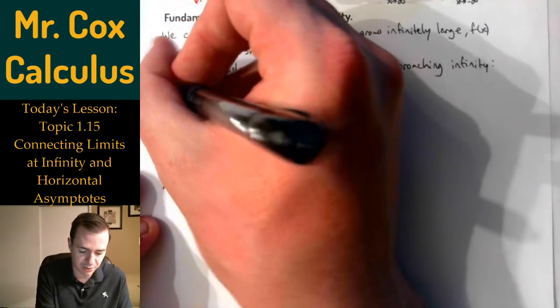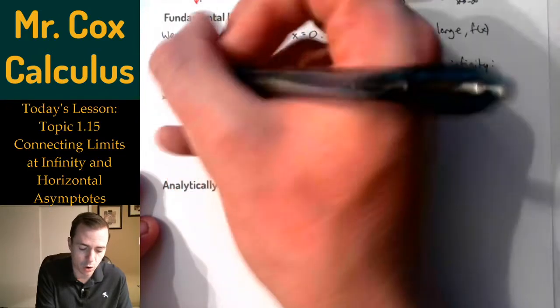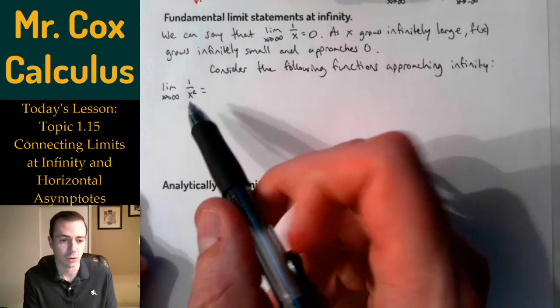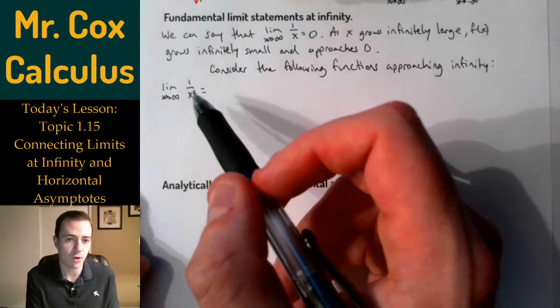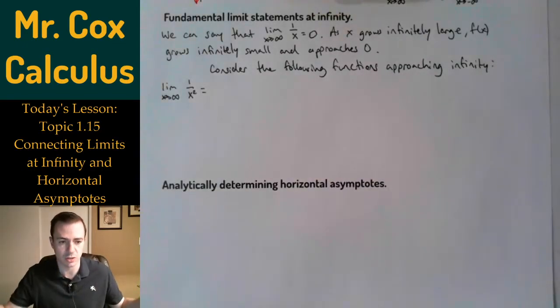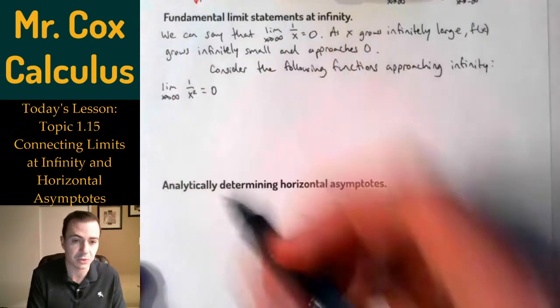Well, what if I take the limit as x approaches infinity of the function 1 over x squared? So again, as x is growing large, if this denominator piece right here is getting larger and larger and larger, then that means 1 over that number is getting smaller and smaller and smaller. And in fact, this also equals 0.